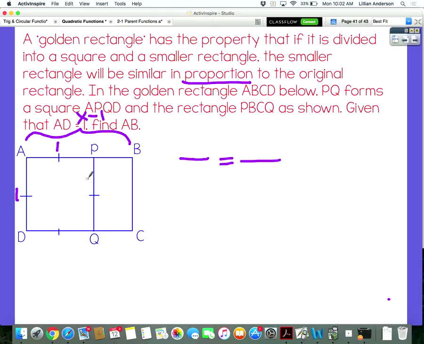So BC. The longer side of the rectangle, which is AB of the larger one, matches with the larger length of the smaller rectangle. So AB goes with BC.